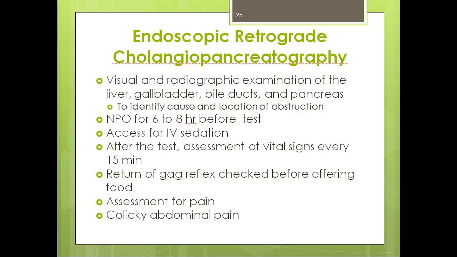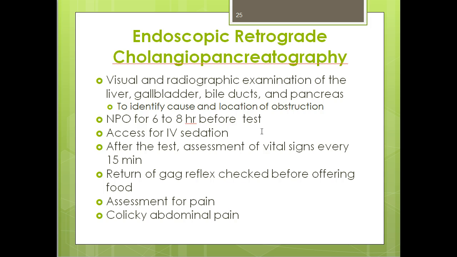Then they have the endoscopic retrograde cholangiopancreatography, which basically they're going in looking at the gallbladder, pancreas, and bile duct. It's the same thing. They get IV sedation.